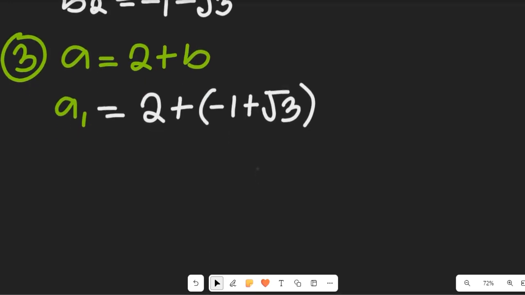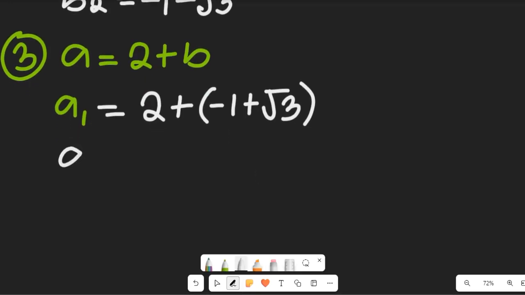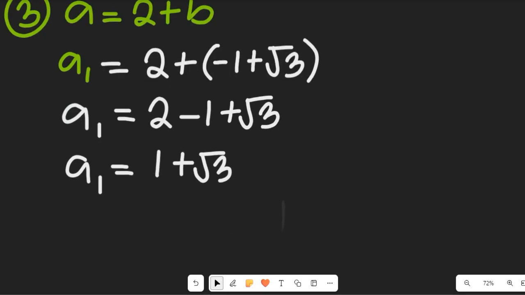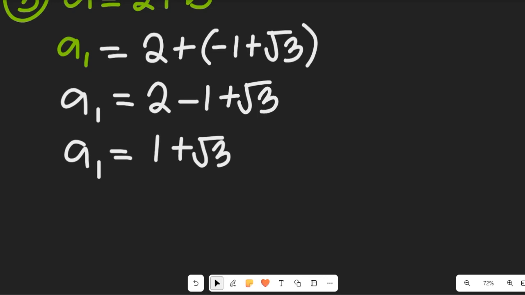So if we simplify that, we should be able to have the value of our a1 to be equal to 2 minus 1 plus root 3. And what do we have? We have our a1 to be equal to 1 plus root 3, because 2 minus 1 will give us 1.